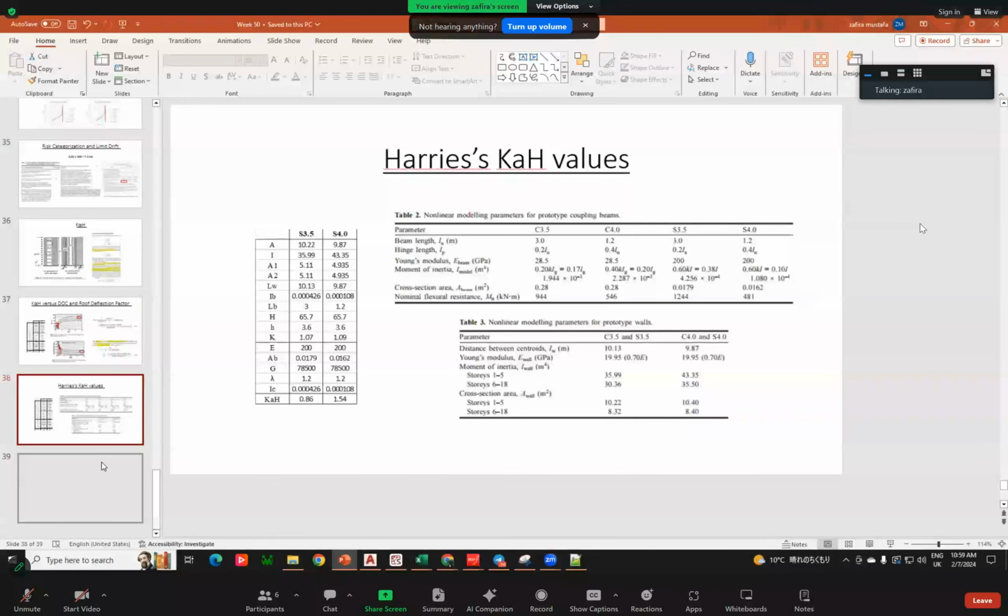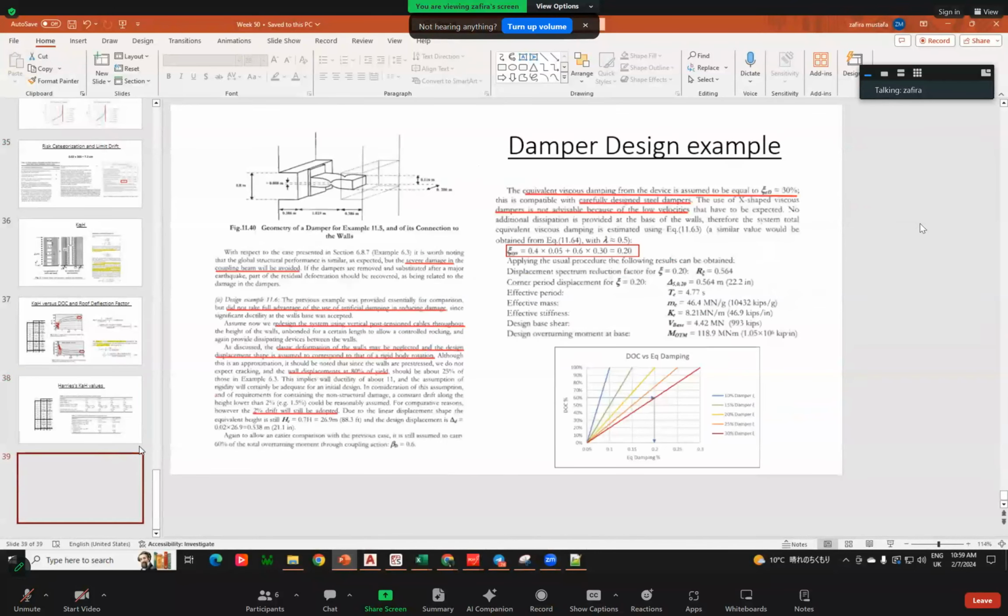Actually, it's only applied for coupled beam structures.